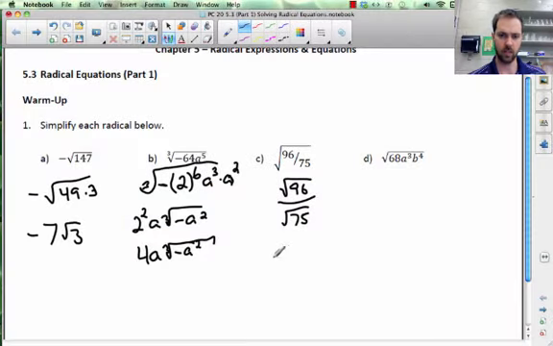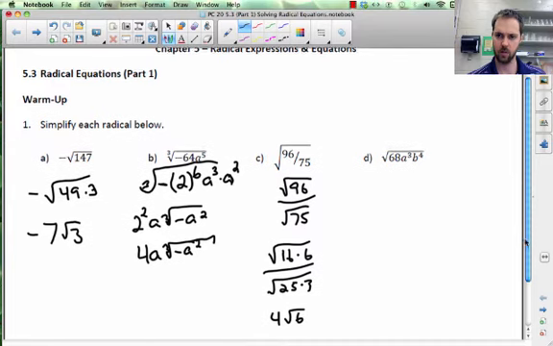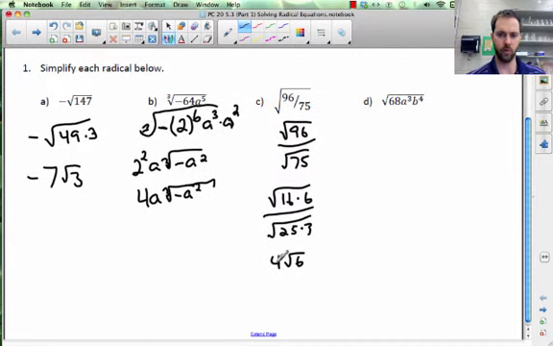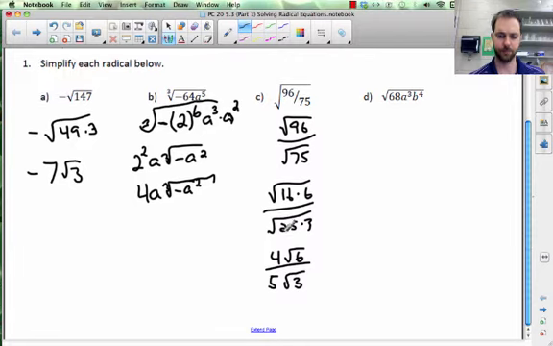So 96 can be written as the root of 16 times 6. 75 can be written as the root of 25 times 3. Alright, so the root of 16 is 4, so that's 4 root 6 on top. The root of 25 is 5, so that's 5 root 3 in the denominator.